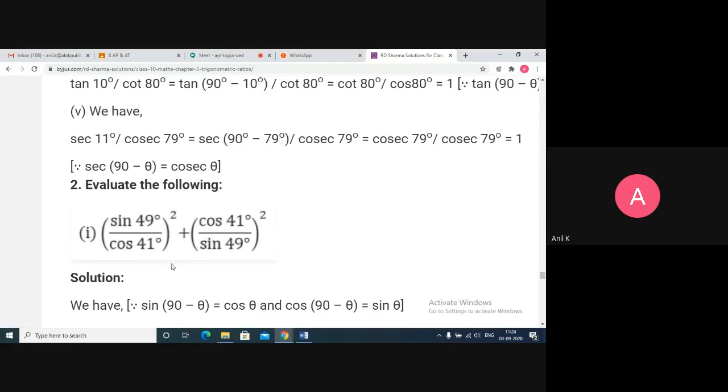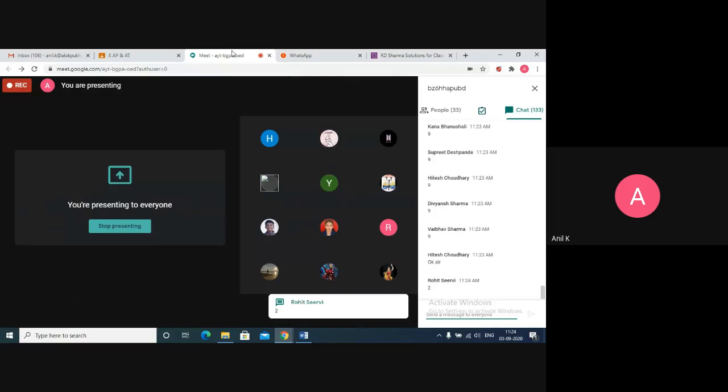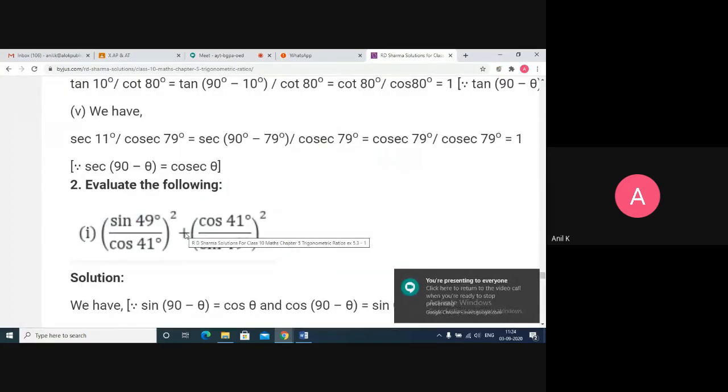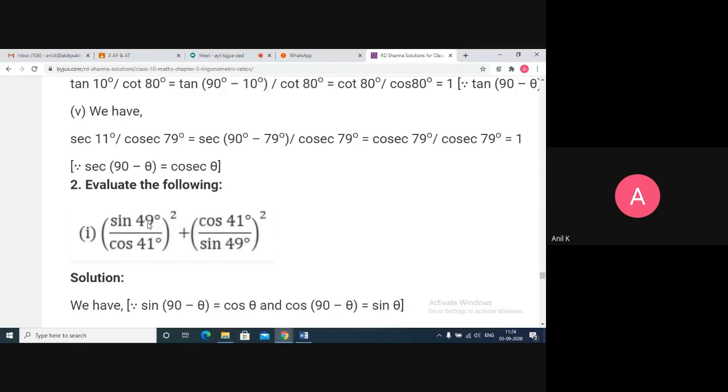Sin 49 upon cos 41 whole square plus cos 41 upon sin 49 whole square. Anyone got the answer? Rohit, Sirvi, Vaibhav, Manas. This value is 2. Why is it 2? See, this is 49 plus 41. In the first bracket, if I add the angles 49 plus 41, it will be 90.